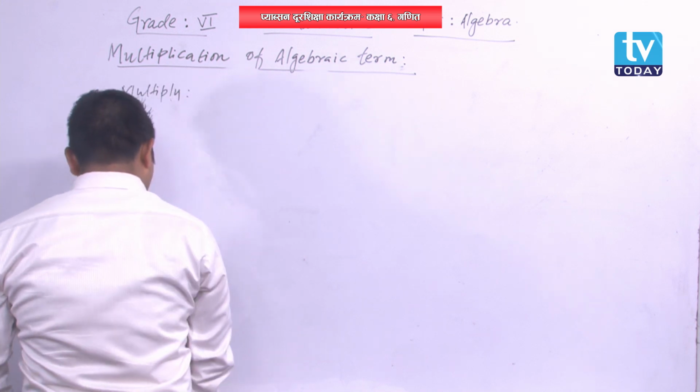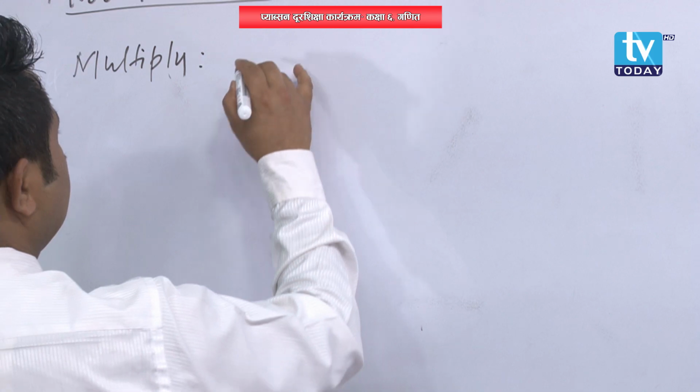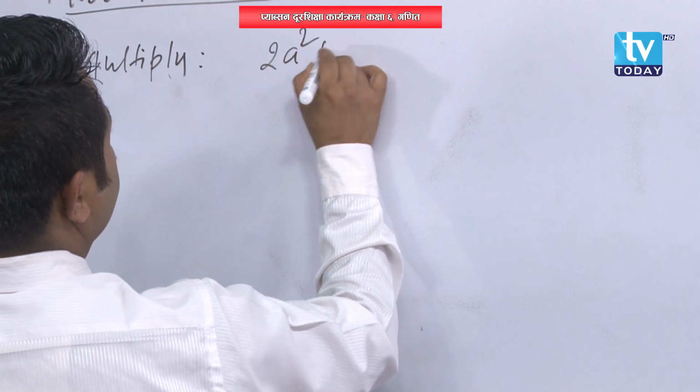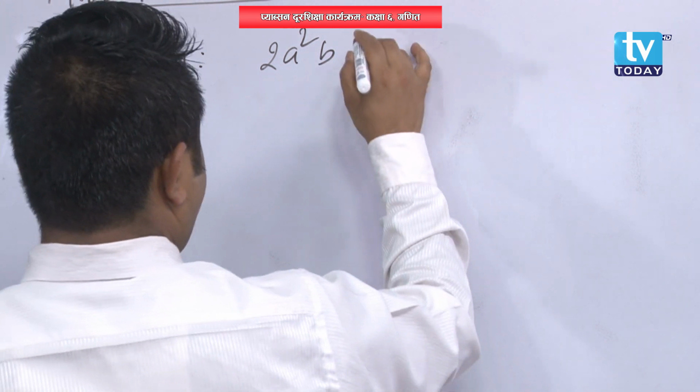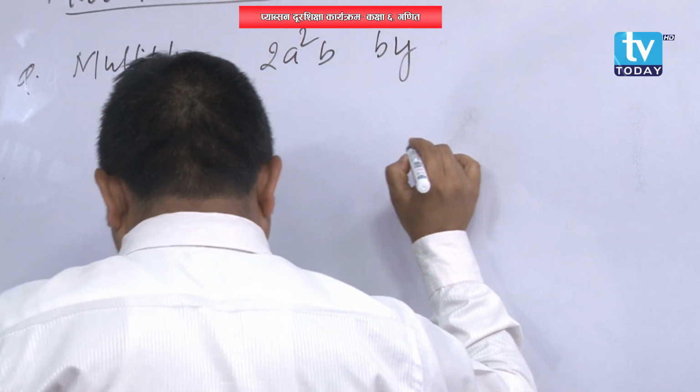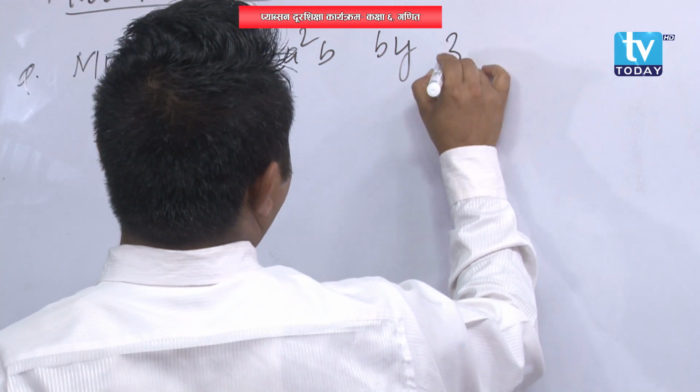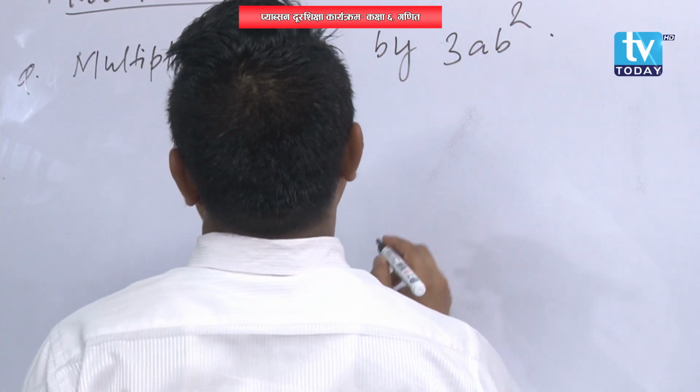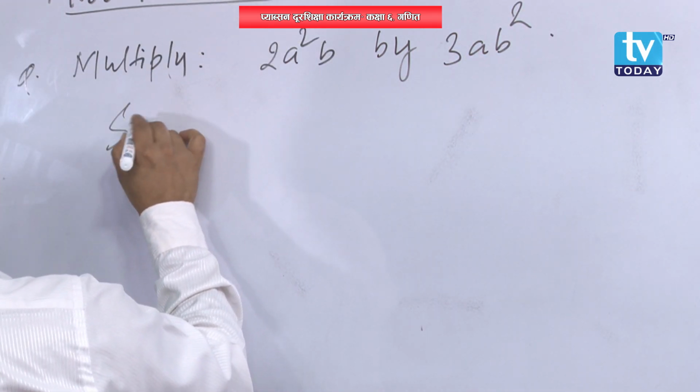Let me write another question. Multiply 2a square b by 3ab square. Solution.